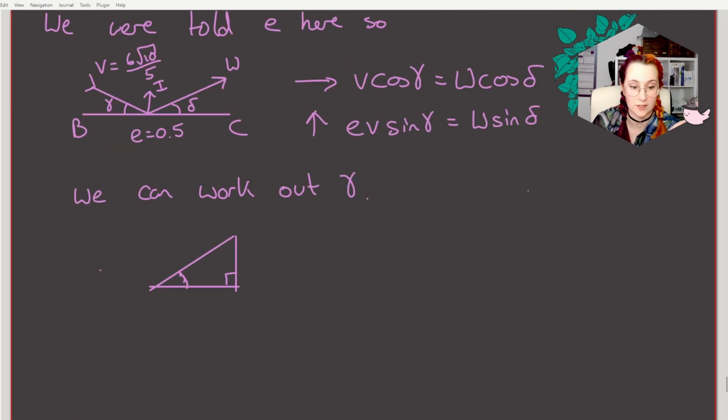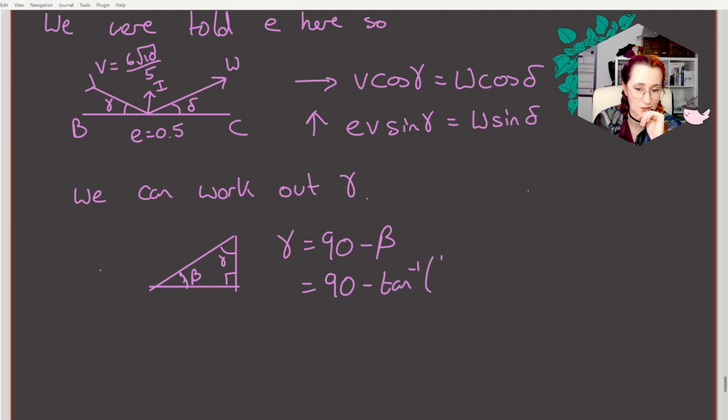Well, they make a triangle at the very least, but we know two of the angles now. So beta and gamma. So that gives us that gamma is 90 minus beta, which is 90 minus the arctan of a third, which I think is something disgusting, but good to know.